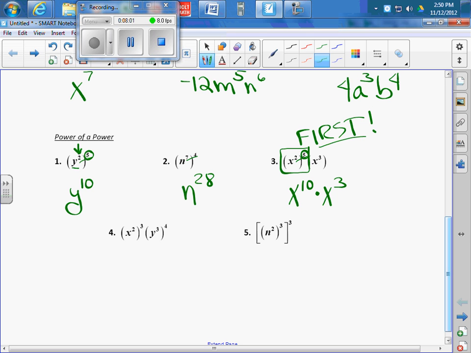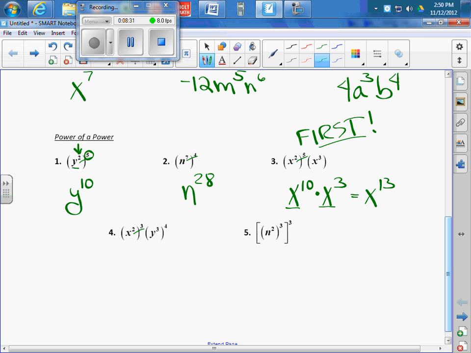Now, before where I had x to the second to the fifth, because the exponent was outside the parentheses, we're going to simplify that first. Multiply those two exponents. Bring down x to the third. Now I'm back to doing what I was doing before, multiplying monomials. What do we do with their exponents here? We add them together, and I'm going to have x to the 13th.